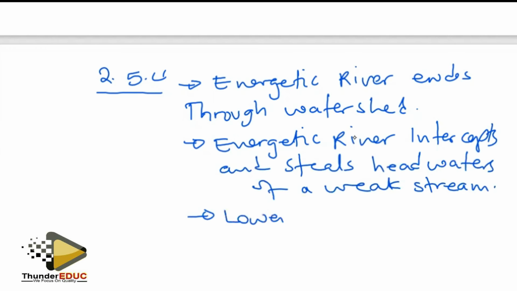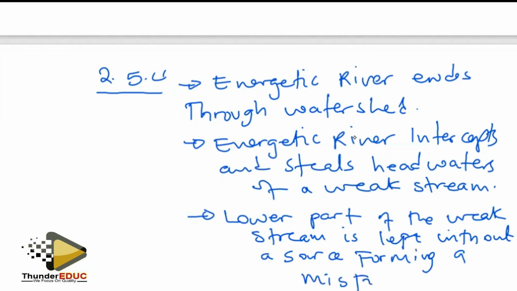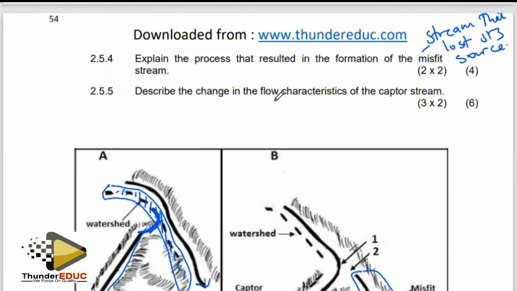The lower part of the weak stream is left without the source, forming a misfit. All right, that is for question 2.5.4.